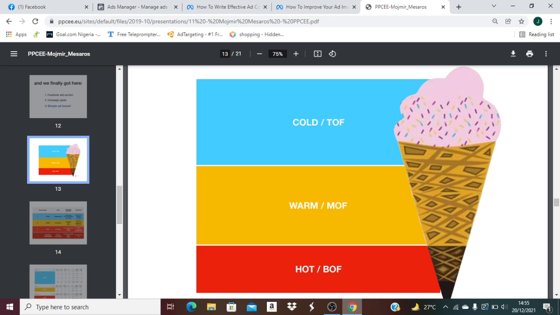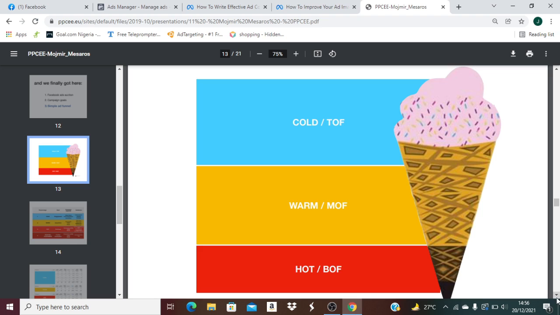Imagine selling as a funnel, which means you are trying to get people to convert. Imagine you're trying to pour things inside a jerry can and you're using a funnel.